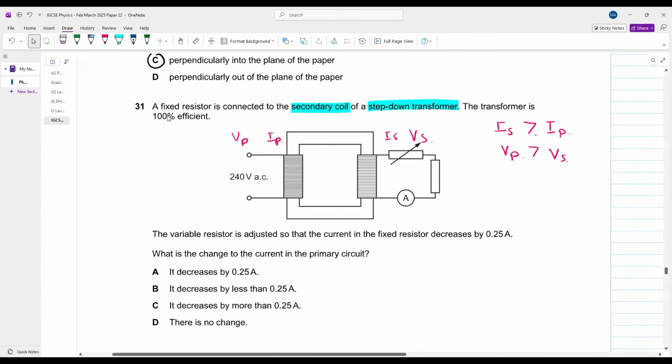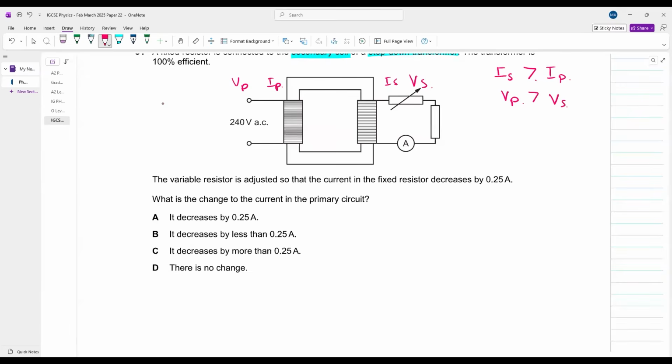Perfect. The variable resistor is adjusted so that the current in the fixed resistor decreases by 0.5 ampere. So basically आप क्या decrease कर रहे हो? Secondary coil का current. Perfect. What is the change to the current in the primary circuit? प्राइमरी सर्किट में करंट को क्या चेंज होगा? अगर आप सेकेंडरी कॉइल का करंट डिक्रीज कर रहे हो, प्राइमरी कॉइल का करंट भी क्या करेगा?